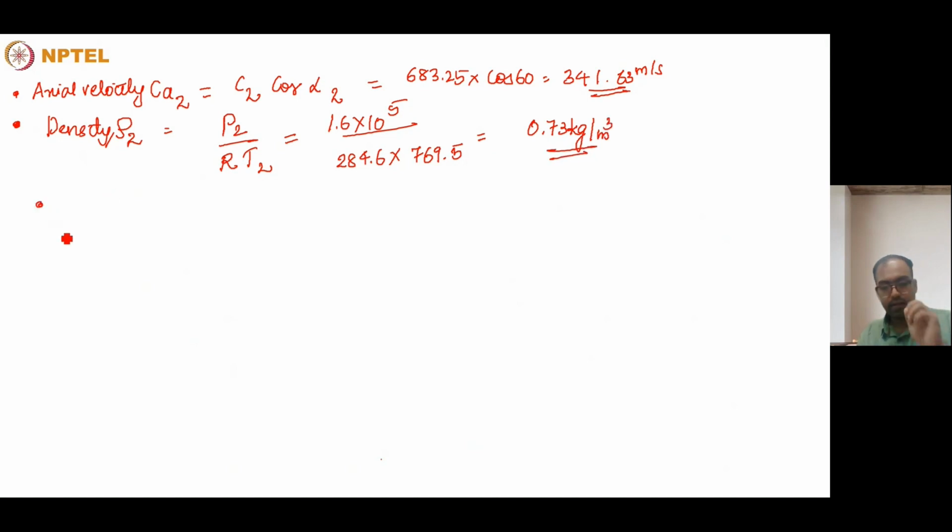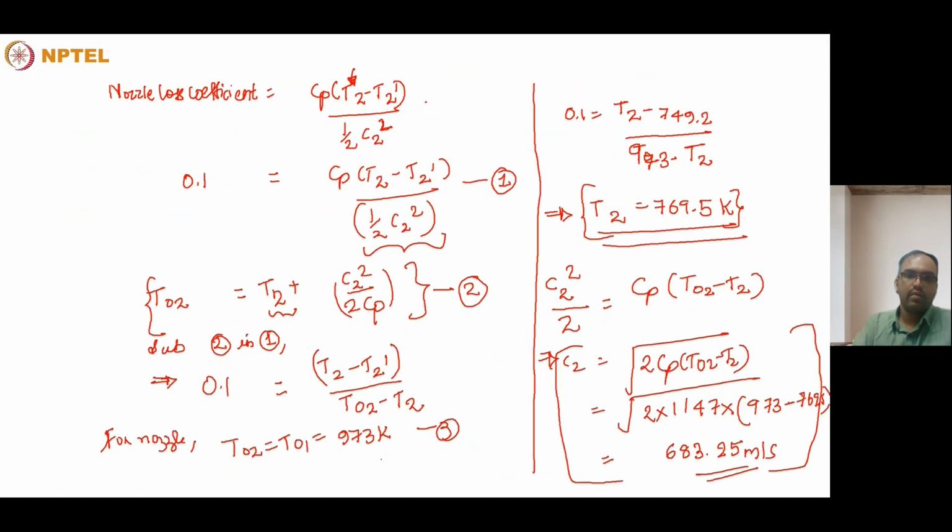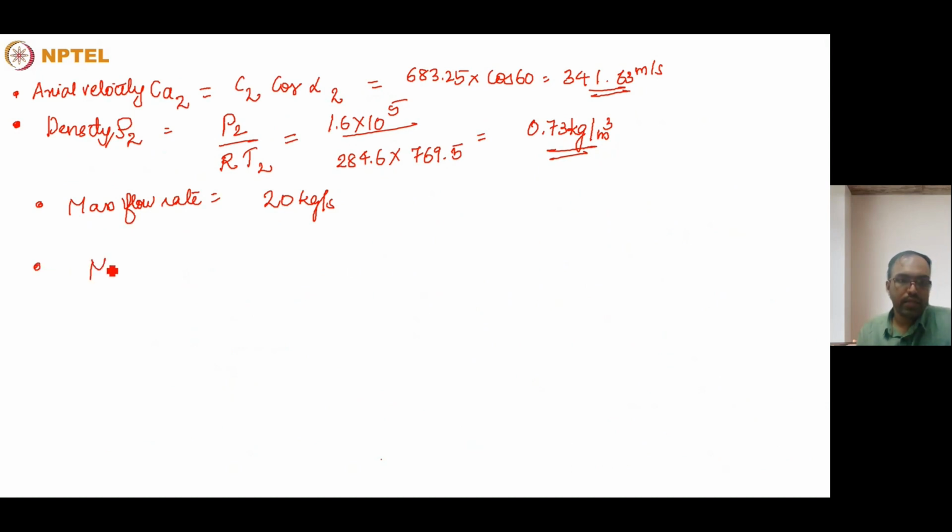Using density, axial velocity, and the mass flow rate, which is given in this problem as 20 kilogram per second, we can calculate the mass flow rate equal to rho 2, A2, and CA2.